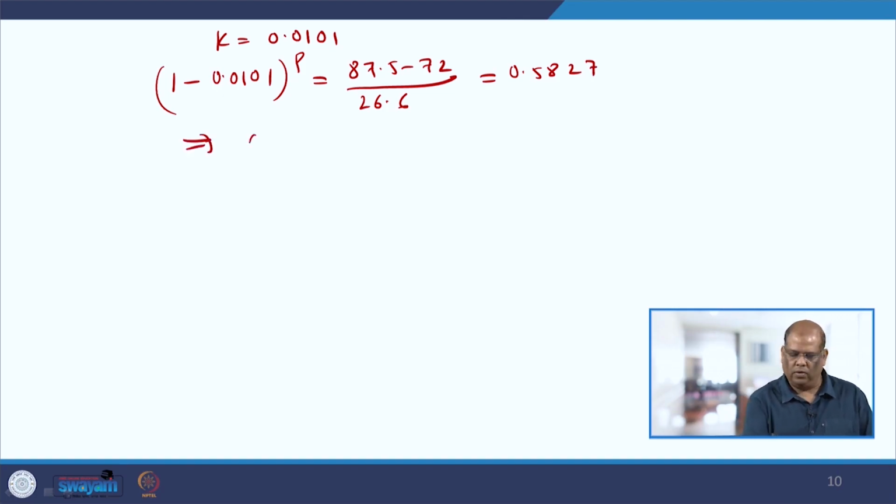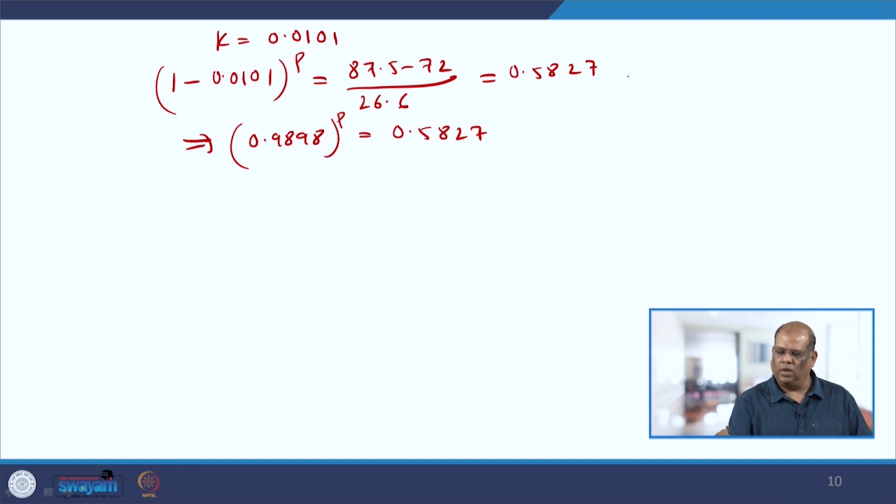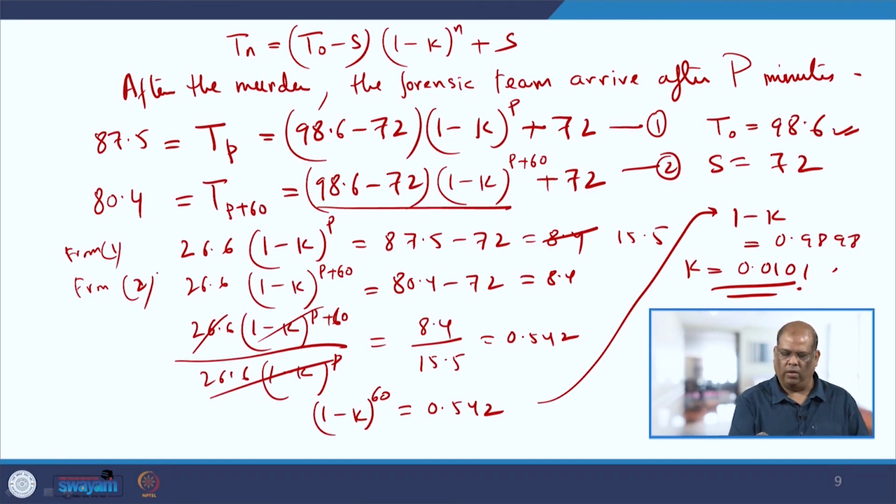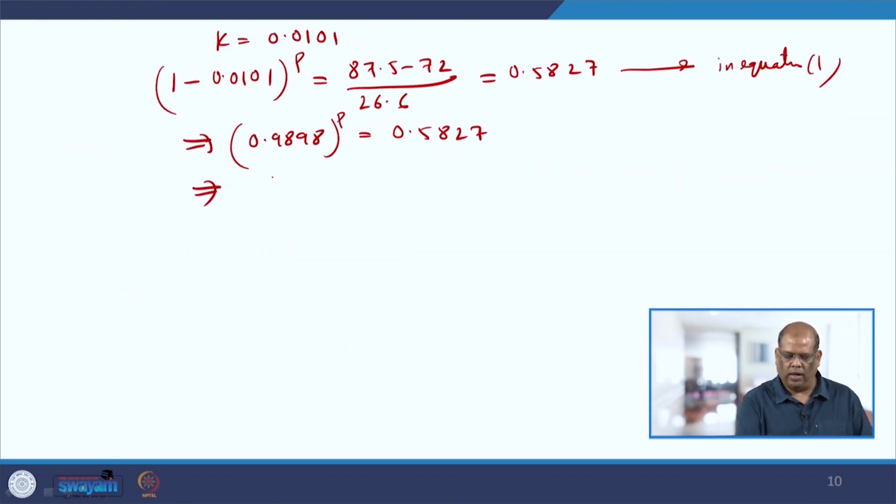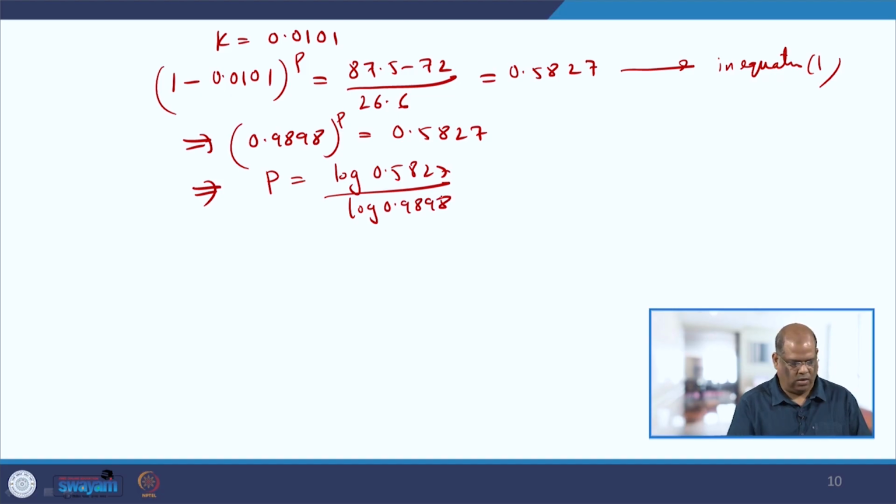So, you have 0.9898 to the power p is equal to 0.5827. This equation you get by substituting the value of k in equation 1. And you take log on both sides. So, you will get p equal to log of 0.5827 by log of 0.9898, and this value will be approximately equal to 52 minutes.